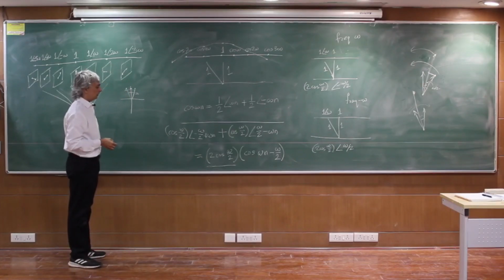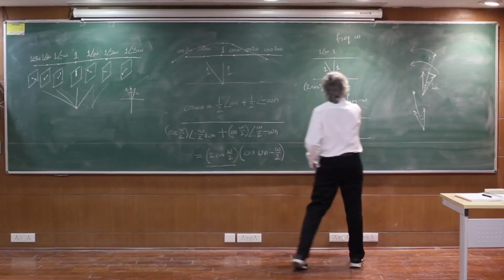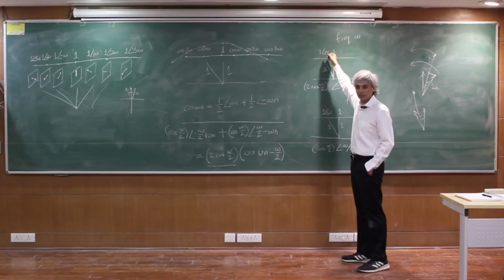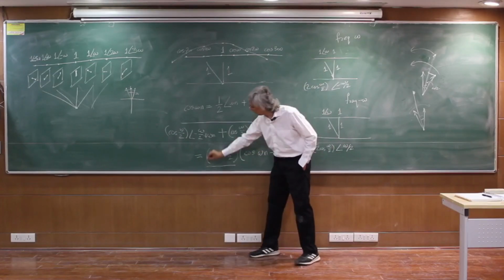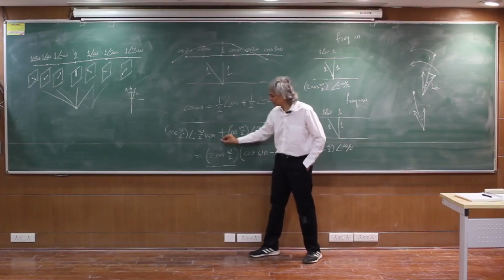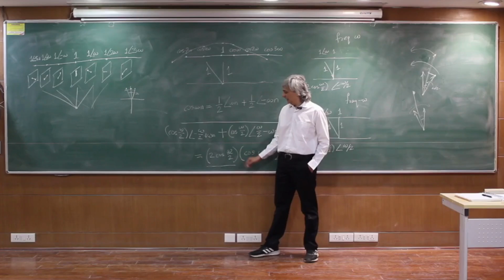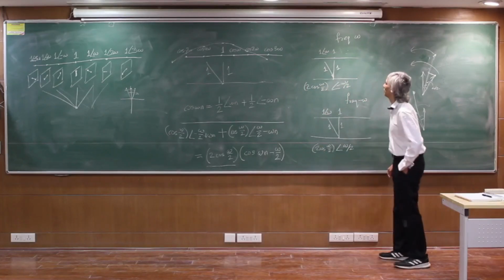Now, if I were to analyze, let us say, if I go on increasing omega, what will happen to the amplitude itself of the output? It will also periodically vary. That's not really true because you can't increase omega arbitrarily.